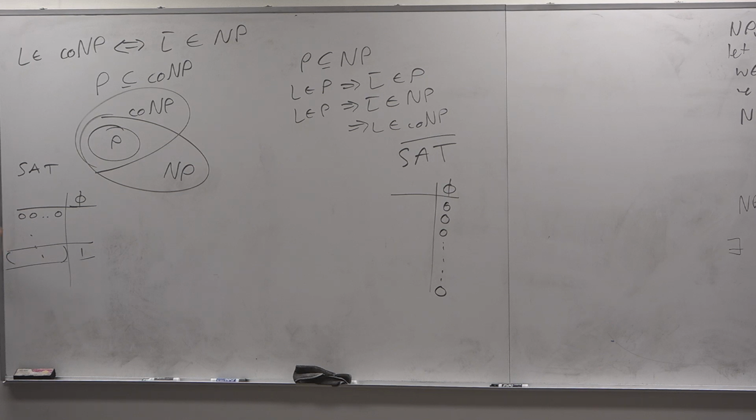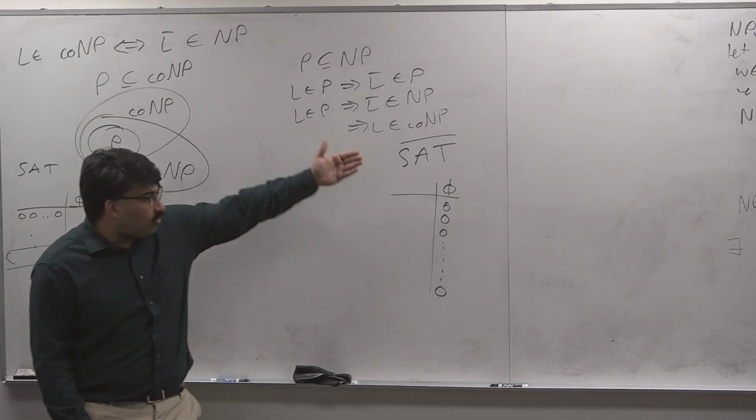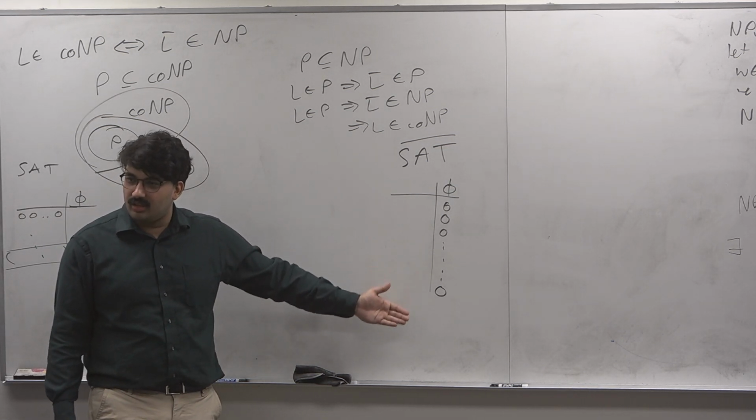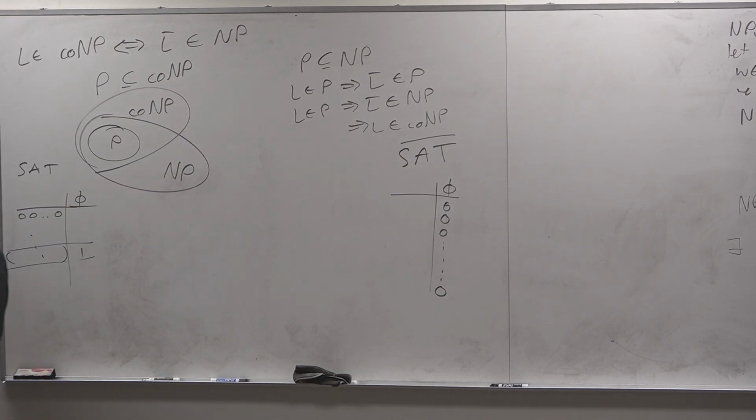I want to argue first why SAT complement should not be in NP. Can you efficiently convince someone that a formula is unsatisfiable? What's your witness? You can't just give them all rows of the truth table because there are 2 to the n of them. If you have n variables, there are 2 to the n rows, so that's not a short answer. You cannot quickly convince someone that a formula is unsatisfiable, even though you can quickly convince someone that a formula is satisfiable. So there's an imbalance there.